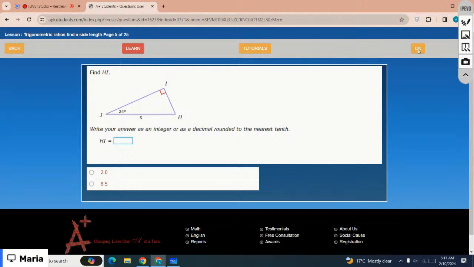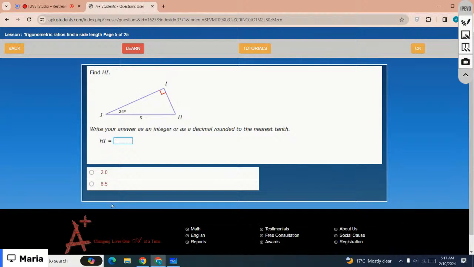Sine 24, that is 0.4067 times 5, that is 2.0. The correct option is 2.0, right?